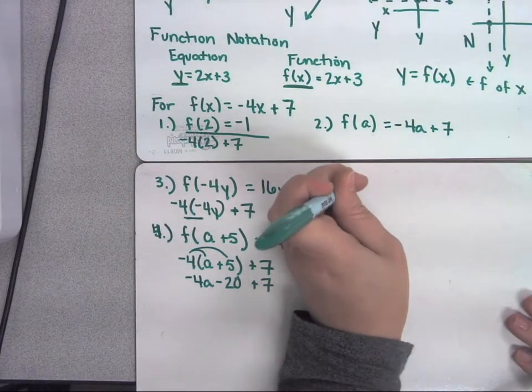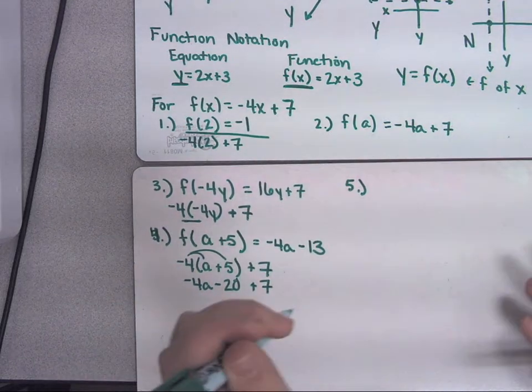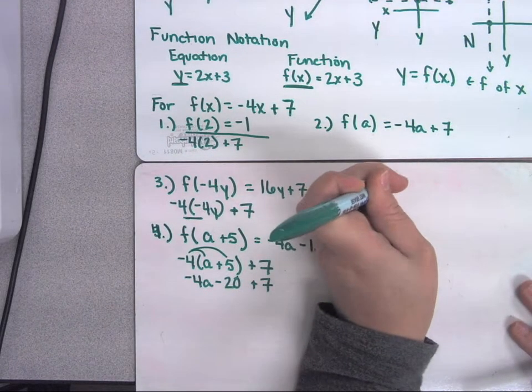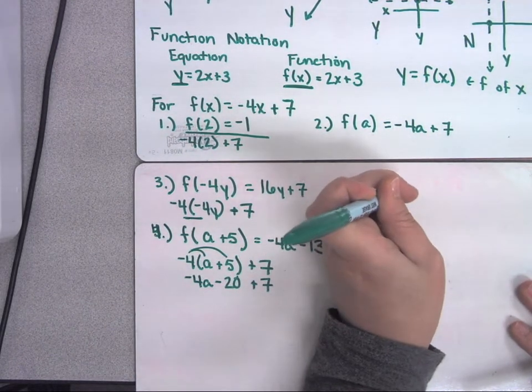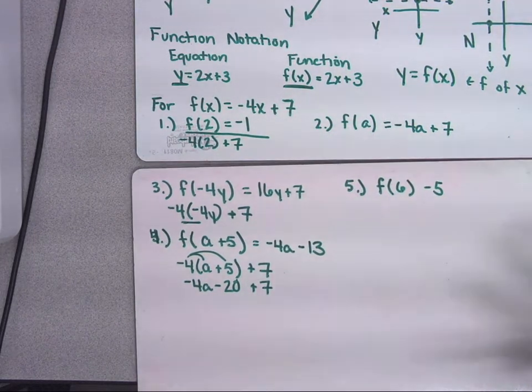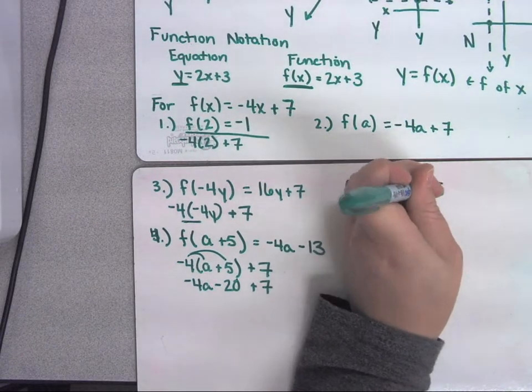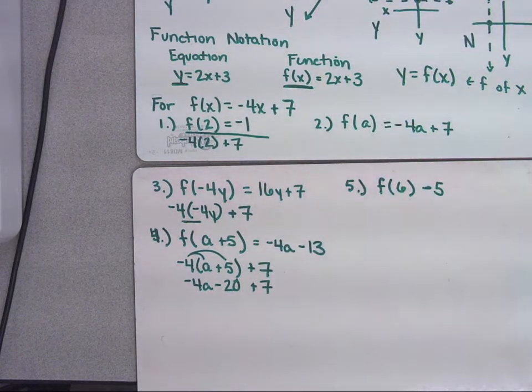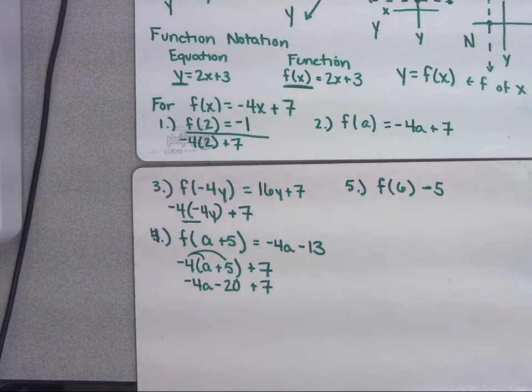What about when I don't have stuff inside the parentheses? What if I say f of 6, but then I say minus 5 afterwards? So that minus 5 is not inside the parentheses. What do you think that means? It matters. But what's the order of things we're going to do? We're going to do the f of 6 first.